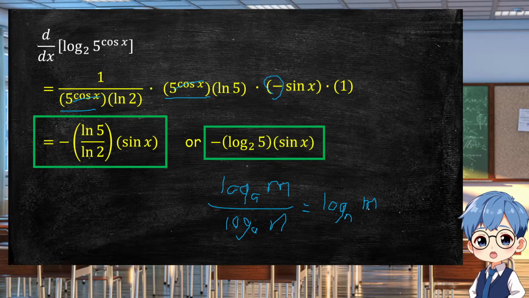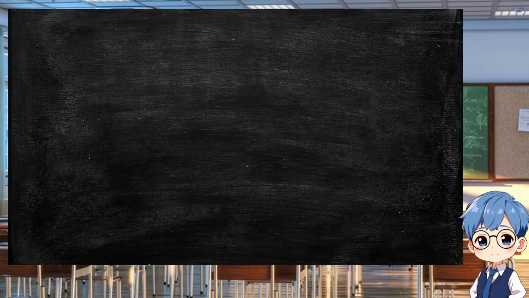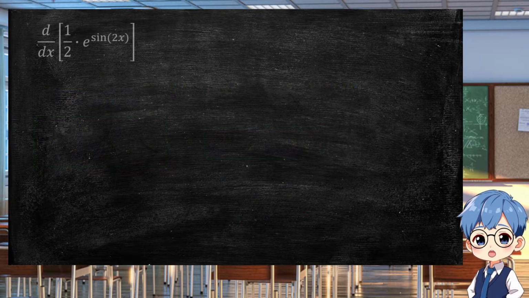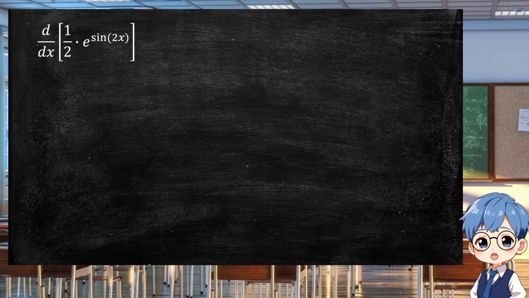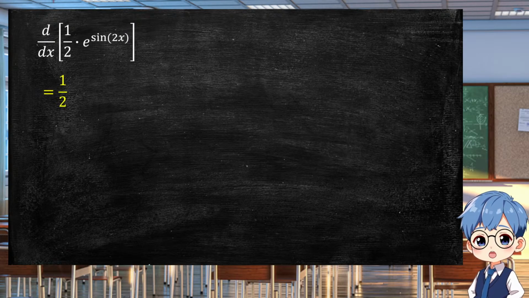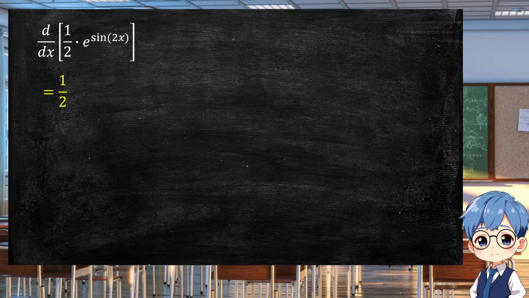Okay, so let's proceed to the next example. For the next example, let's have this: 1/2 of e to the power of sine of 2x. So for this scenario, 1/2 is just a constant. So we just write 1/2 first. And then we get the derivative of e to the power of sine of 2x.